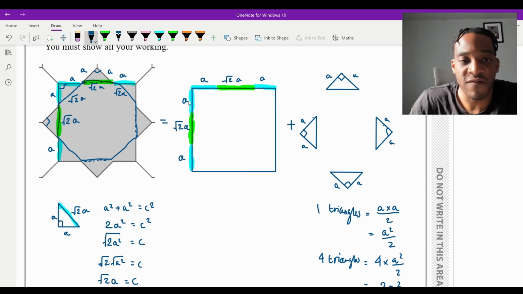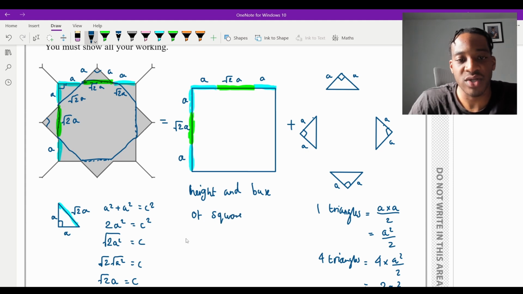So firstly, let's work out what this is going to be when we add them all together. I'm going to say height and base of square, because they're the same thing. This is going to equal the two parts in blue, a plus a, plus the part in green, which is root 2a.